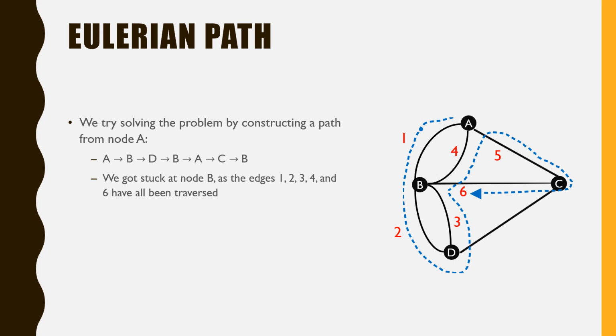Specifically, all edges connected to node B, i.e. edges 1, 2, 3, 4, and 6, have already been used. However, there is still one edge CD left unvisited. Therefore, this traversal does not produce a valid Eulerian path.